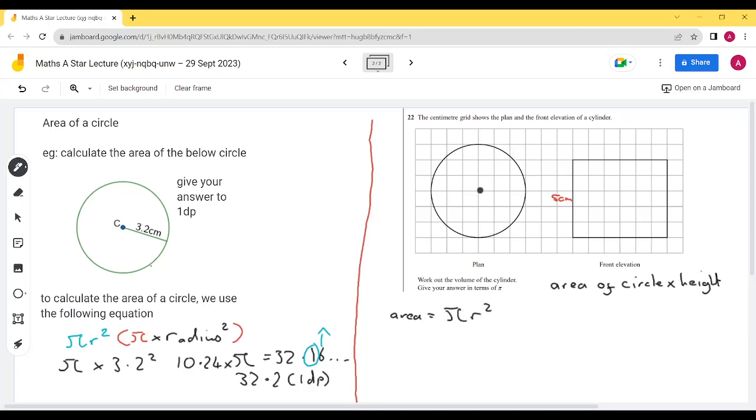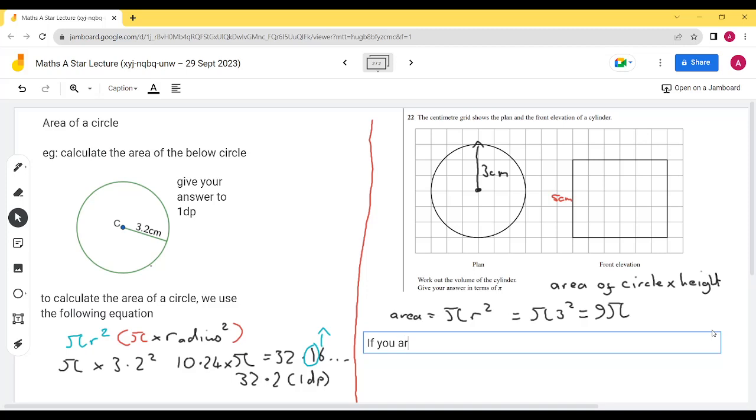To work out our radius, we can go to the middle and just count the squares. If we go up here, we've got a radius of 3 cm, so it equals pi times 3 squared. 3 squared equals 9, because 3 times 3 equals 9, so it's 9 times pi, or 9 pi.